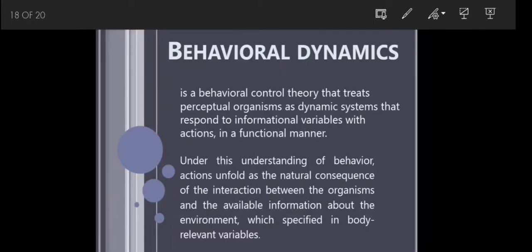So for me, behavioral dynamics means actions are natural. Actions are a natural consequence of the interactions between the organisms and the environment.